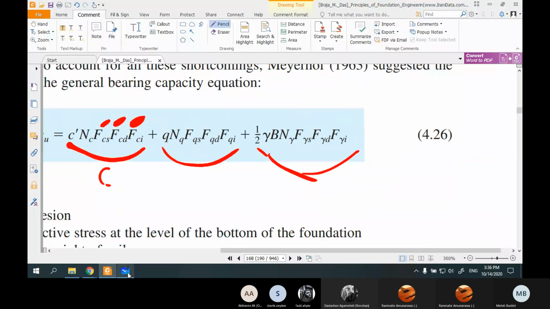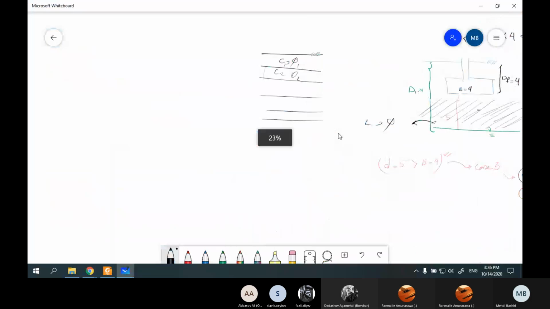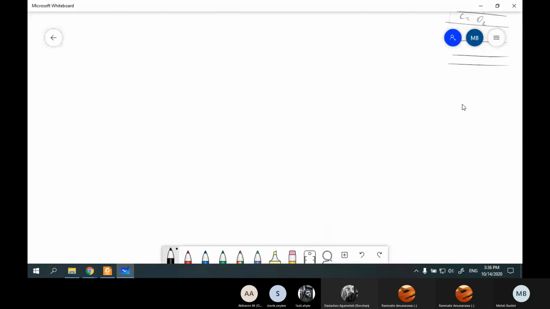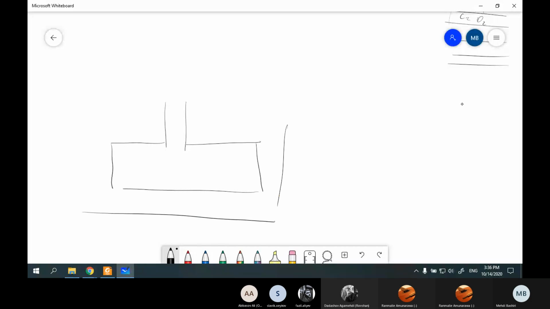If you want to develop a general equation for finding the capacity of a foundation, you should assume different cases. For example, in one case, you have this foundation, the simplest one. The shape is rectangle or square, and the load is 100% perpendicular to this foundation.